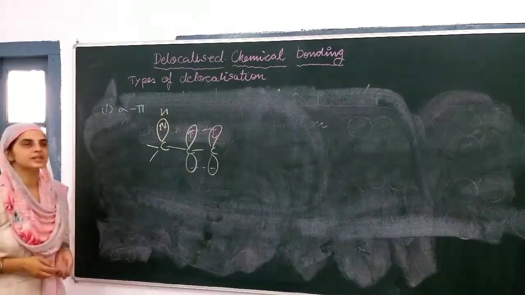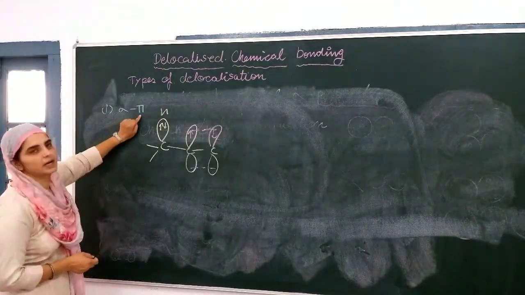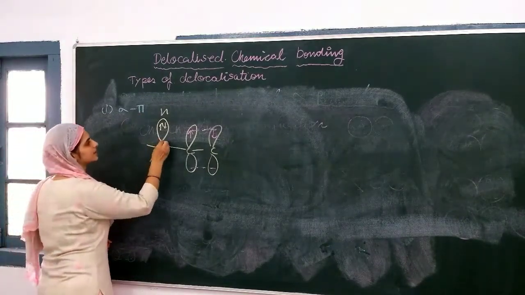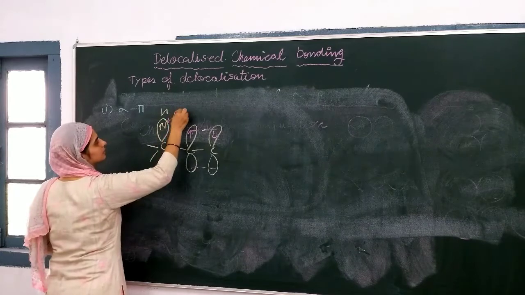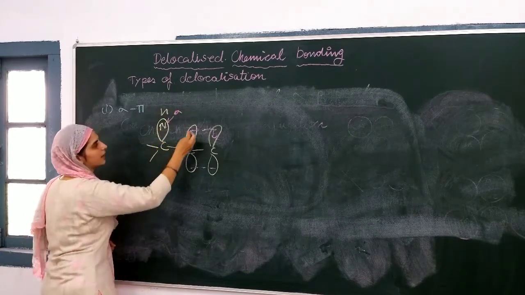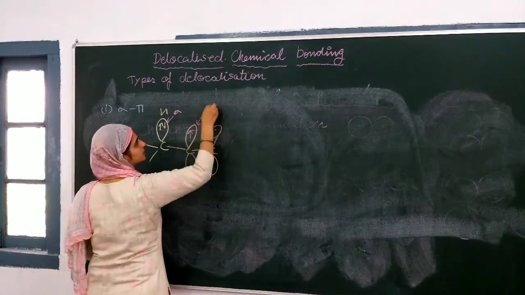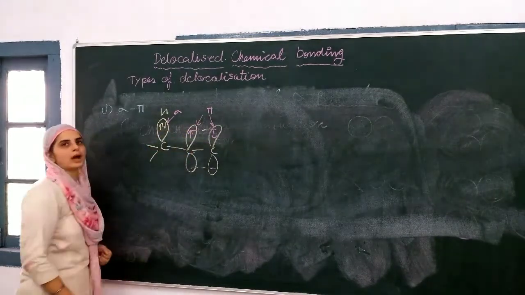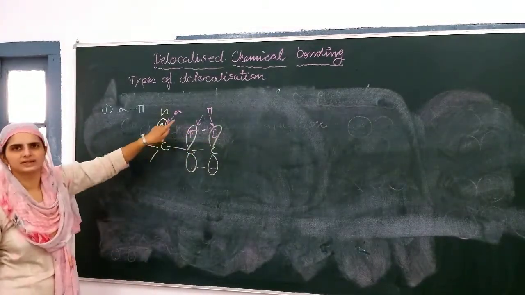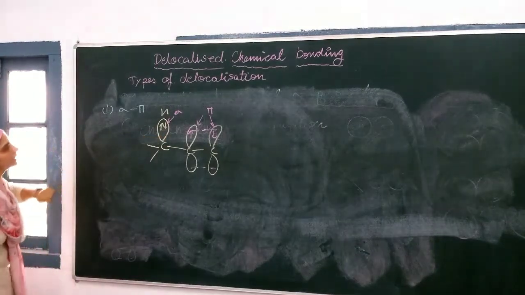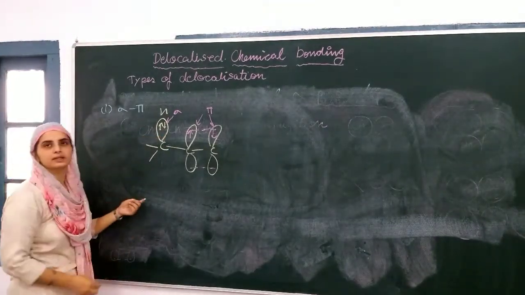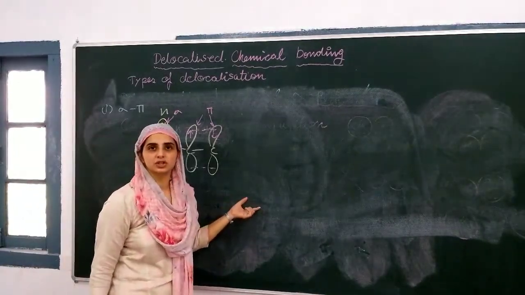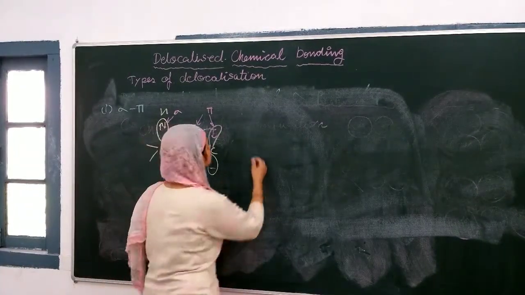So first, I am taking the sigma-pi hyperconjugation. In this case, this is the sigma bond, this is the sigma orbital, and this one is the pi orbital. So these overlap, which gives rise to hyperconjugation or delocalization. I am taking the example of propene to represent the resonating structure which leads to hyperconjugation.